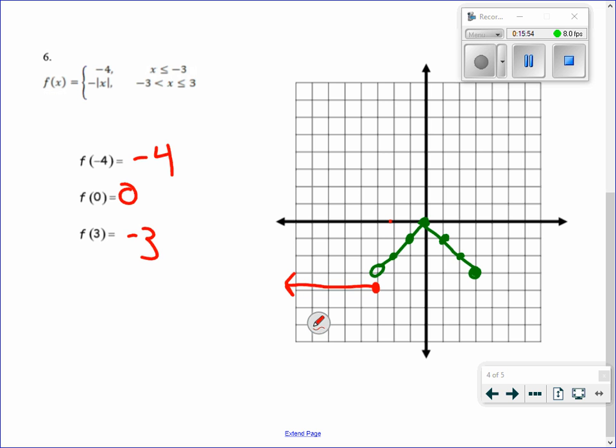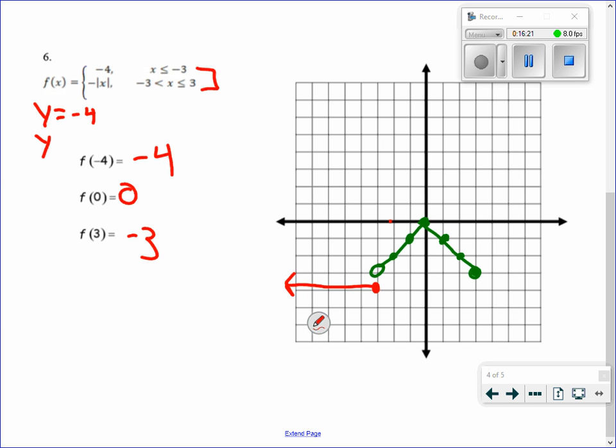Do you do any shading with this? No. That's a good question. So look, even though we have inequalities, these inequalities here and here are your restrictions on where it's applicable to your x values. So you're not shading here, because think about what this is really saying. This is saying f of x, which is like y equals negative 4. That's one thing you're graphing.